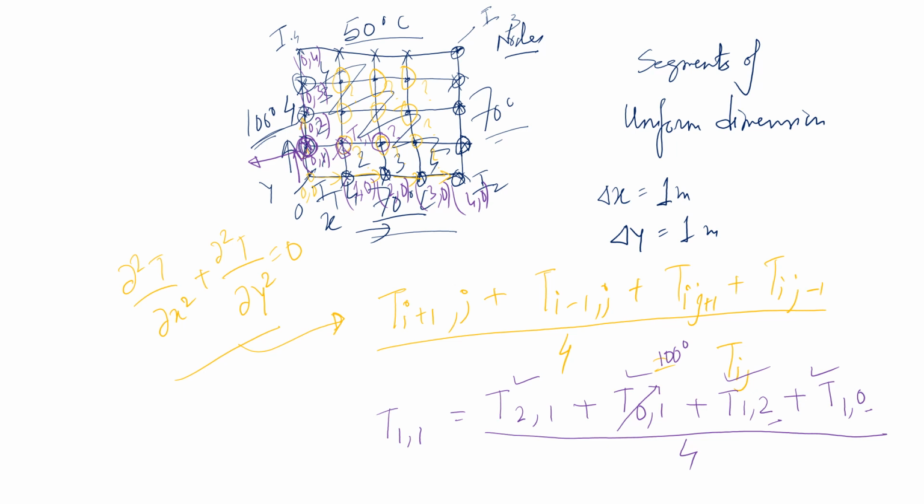Again, let us see what is T12. T12 will be this point. This is unknown, correct? This is unknown T21, this is unknown T12. But do we know what is T10? T10 will be this point, and all the points at this edge are at 70 degrees centigrade.